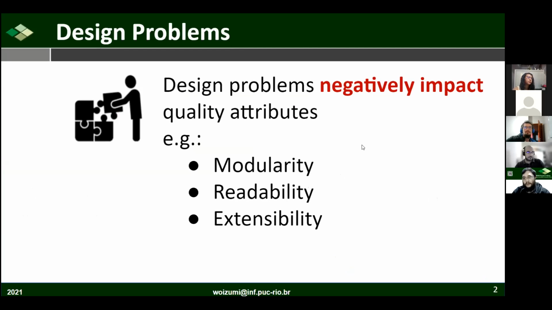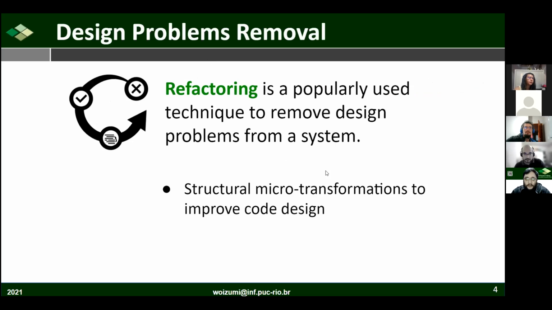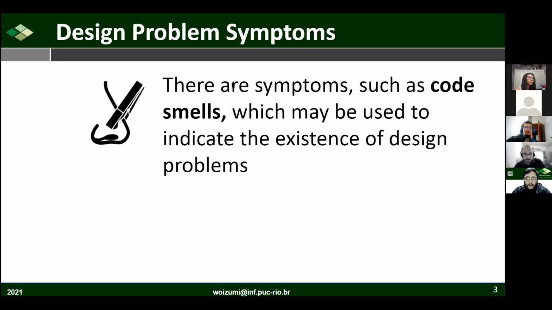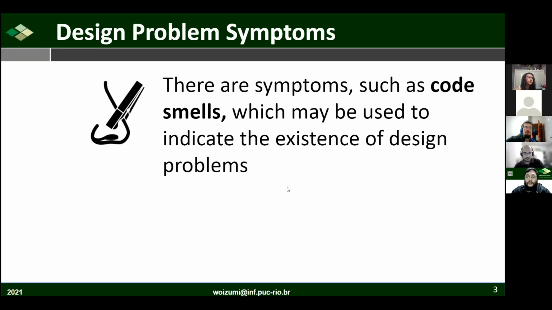We are working with design problems, which are the result of design decisions that negatively impact quality attributes, for example, modularity and extensibility. For detecting the design problems, we may use some symptoms, for example, code smells.